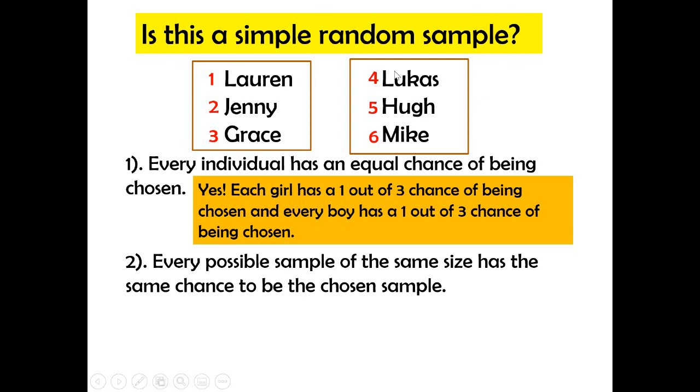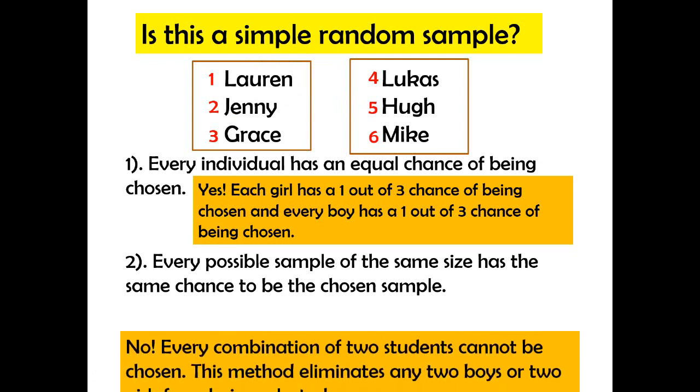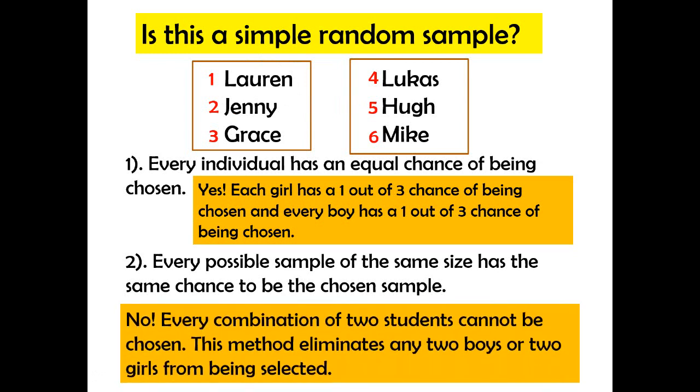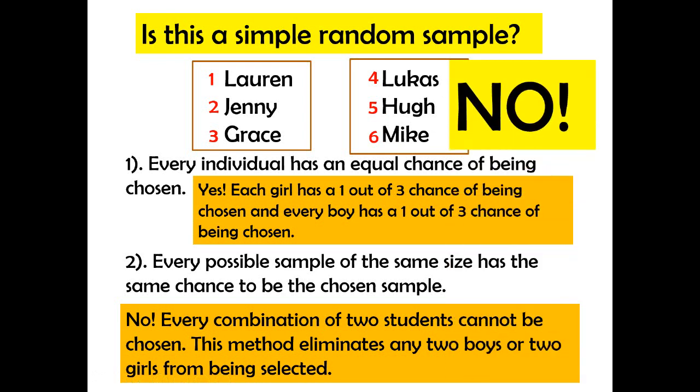Well, Lauren Lucas, Lauren Hugh, and Lauren Mike have an equal chance of being chosen, but what about Lauren and Jenny? Well, that's a group of 2 from my sampling frame, right? But there's no chance of that being the chosen one. So no, not every combination of 2 students can be chosen. Lucas and Hugh can't be together, right? So that means that this is not a simple random sample.